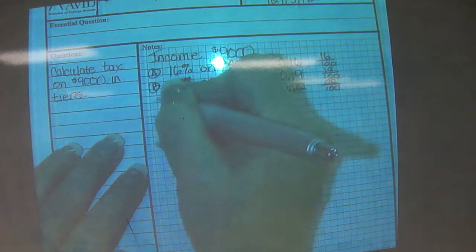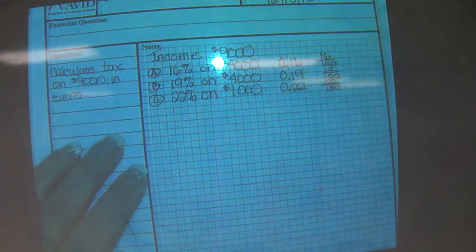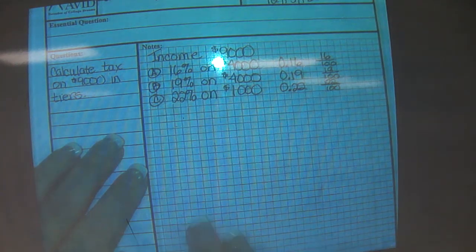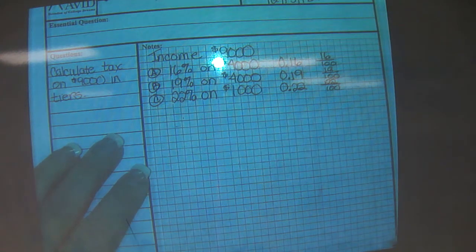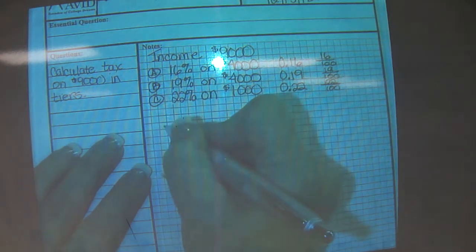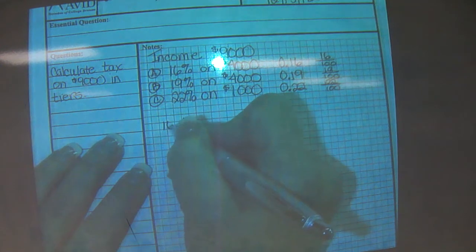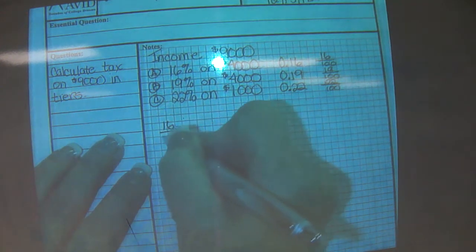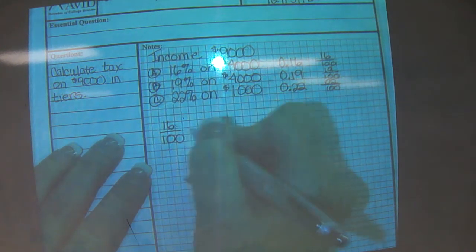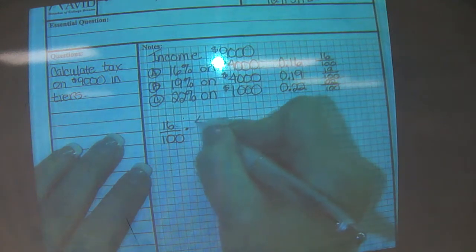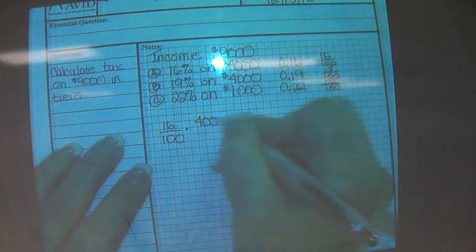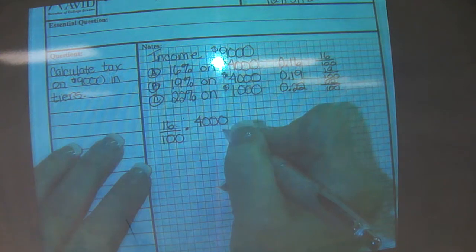Let's take 4,000. So let's call this A, let's call this B, and let's call this C. Because we have to do these 3 calculations, right? And then what are we going to have to do? Add them together, thank you. So, we get 16 hundredths times 4,000 over 1.